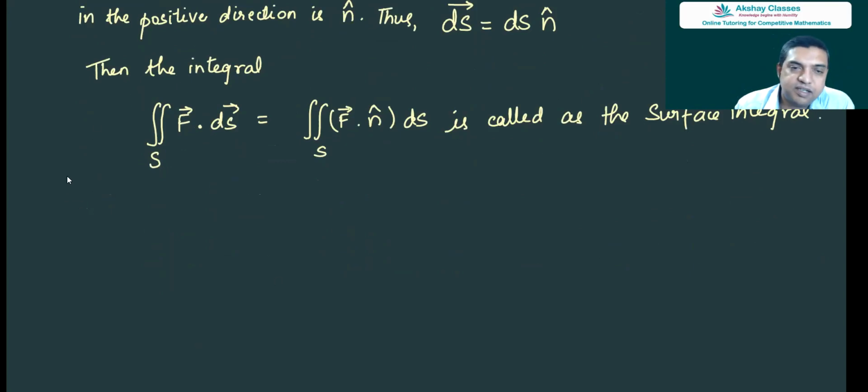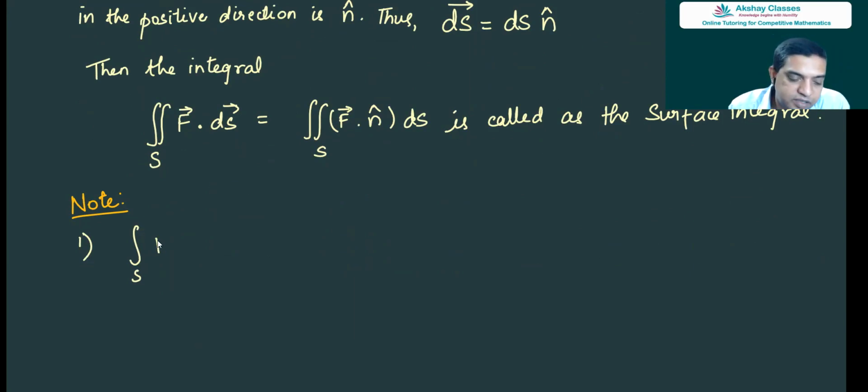So this surface integral, note, when I'm writing integral S, I need not write a double integral each time. When I'm writing S, it means it is a surface integral.